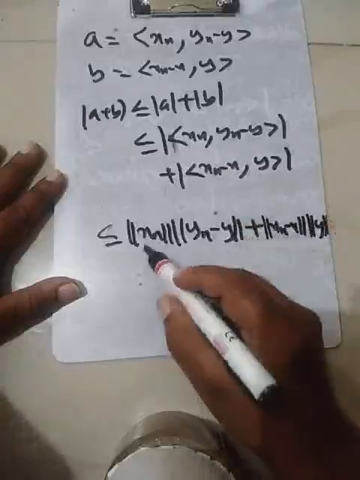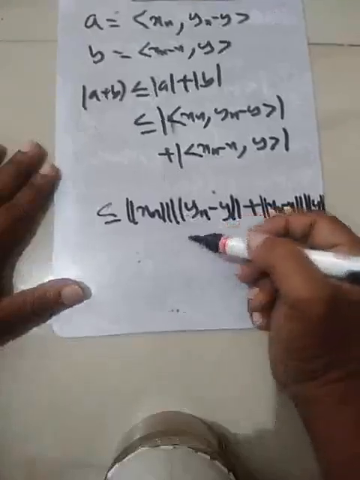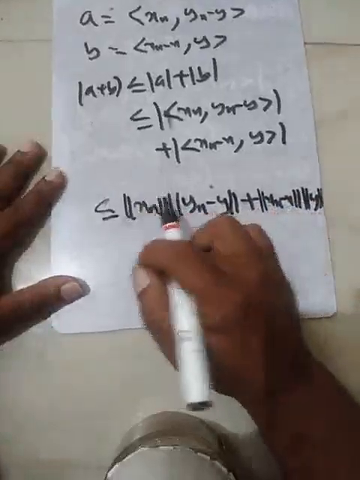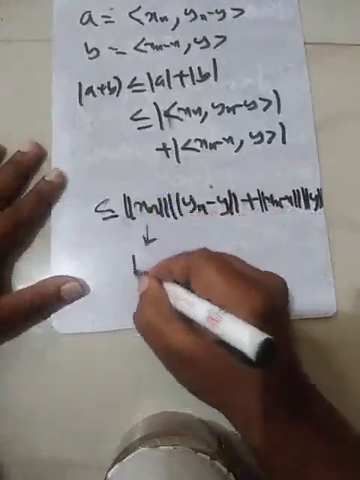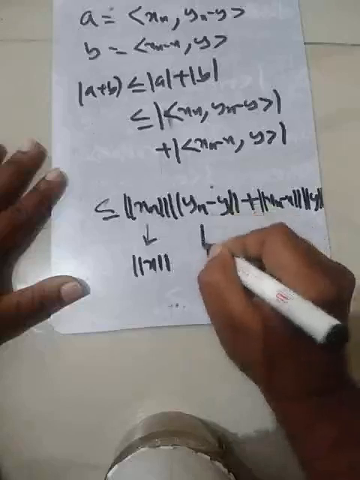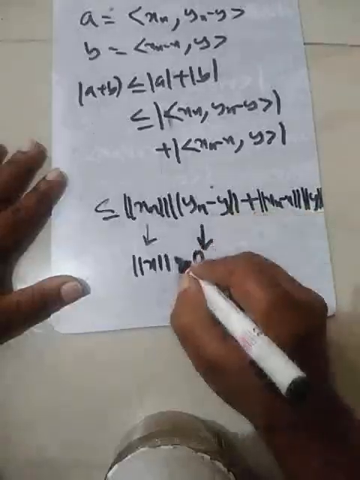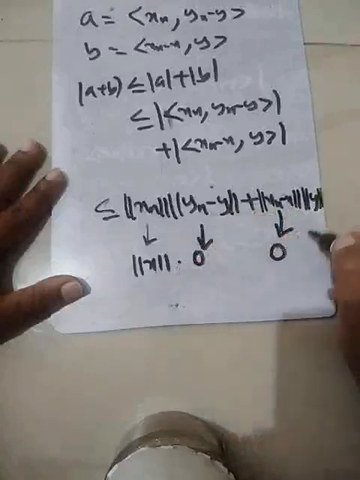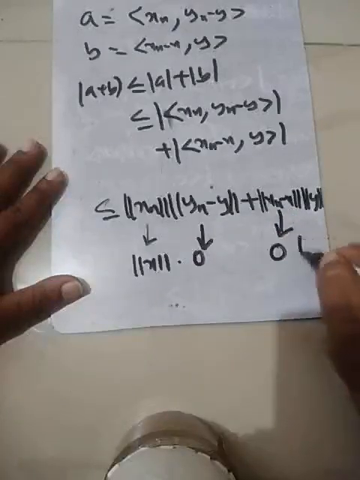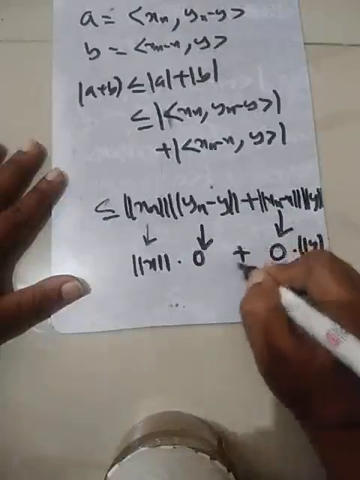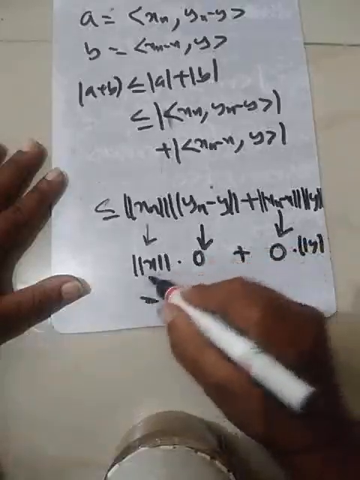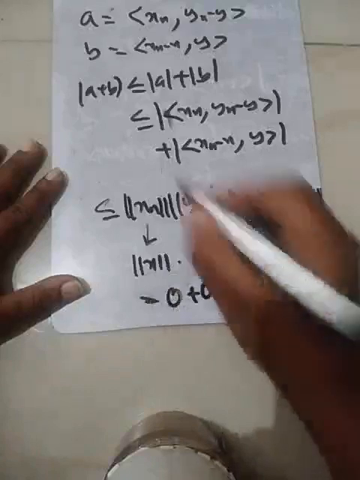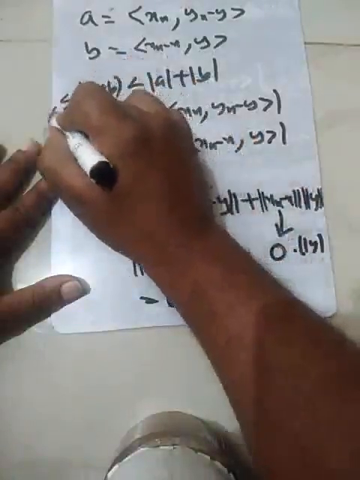Now as n tends to infinity, xn converges to x, so the norm of xn converges to the norm of x, and this converges to 0. This one, xn minus x, converges to 0, and this is just the norm of y multiplied. So this into this is 0 plus 0, which is 0. In other words, this absolute value is bounded below.